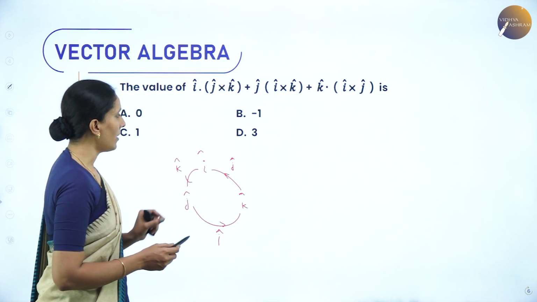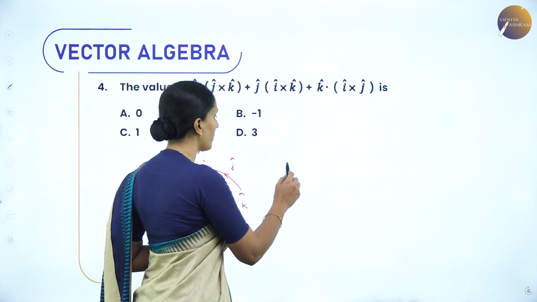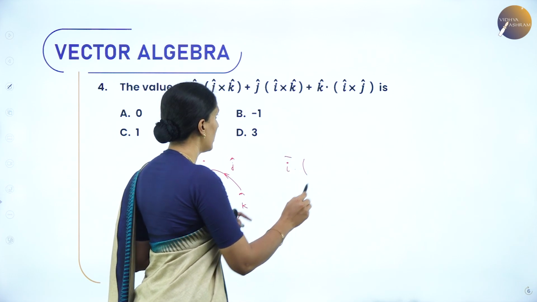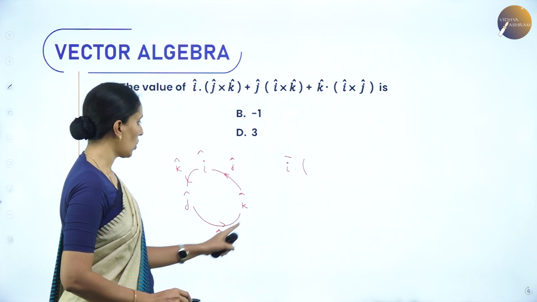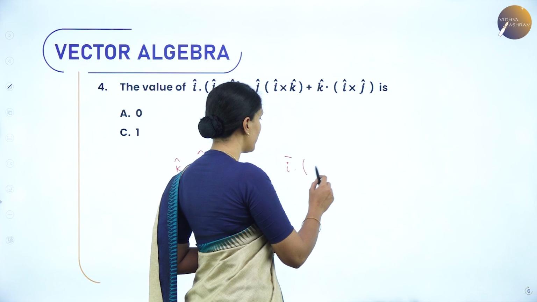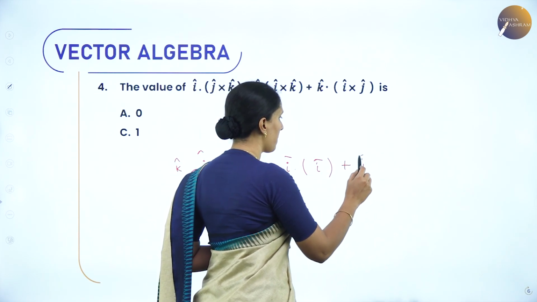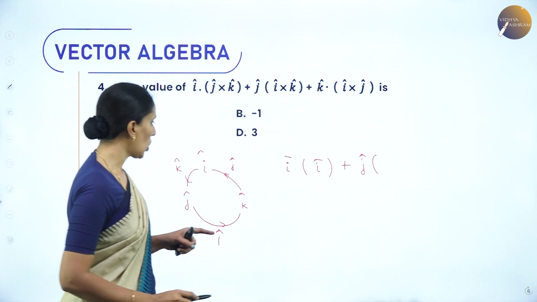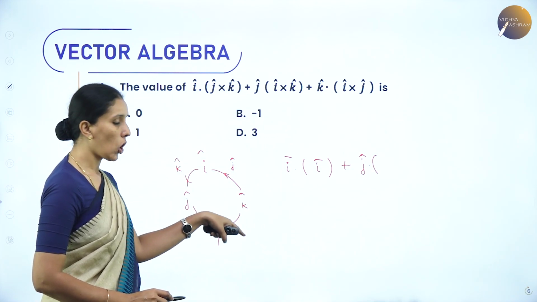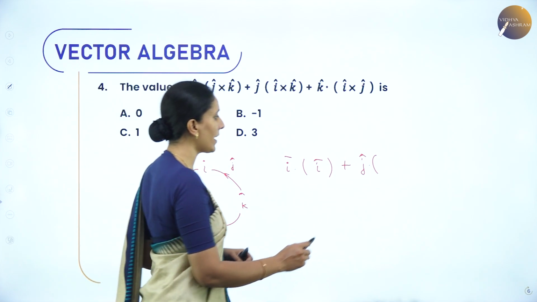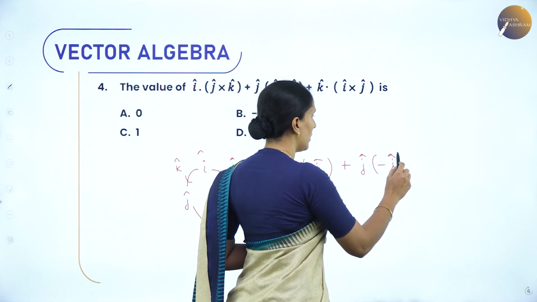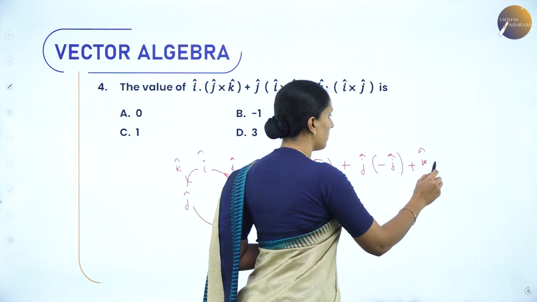So if we use that here, we will get i dot, so j cross k we'll get as i. Next we have plus j dot i cross k. i cross k is in clockwise direction, so therefore it should be minus j, plus k dot.